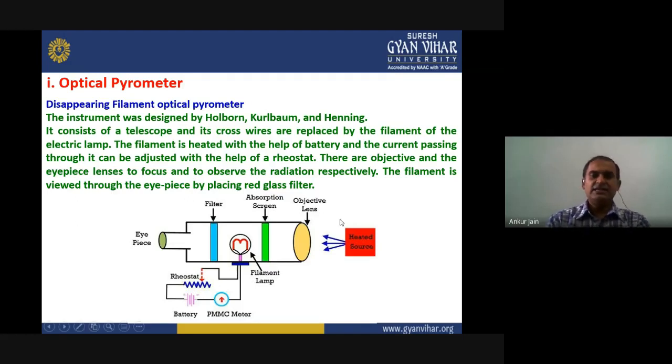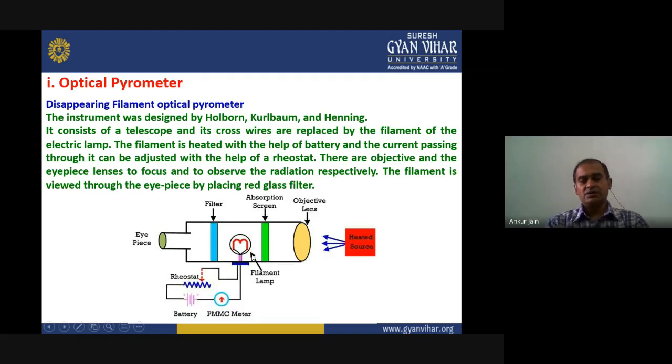You can see in the image, it consists of a telescope. This is a normal telescope, and the only difference between the conventional telescope and the telescope used in this device is that the cross wires are replaced by the filament of an electric lamp. Normally there is a cross wire from where we can see the objects through the eyepiece.